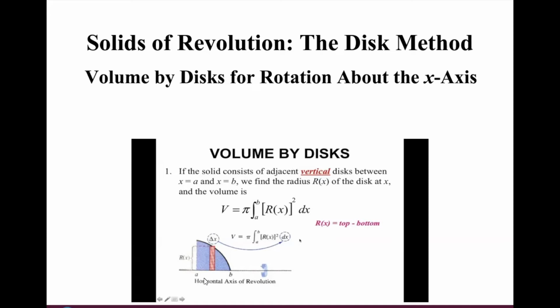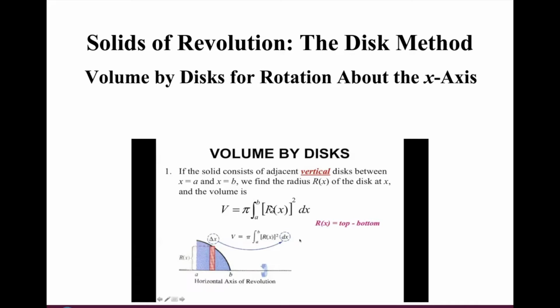If you revolve this curve around the x-axis, the thin solid that would be generated by this rectangle would be a flat disk. That's why this is called the disk method. The volume of that disk is going to be, again, the base times the height, and this time the base will be a circle whose radius is R of x. So that's how they get this formula.